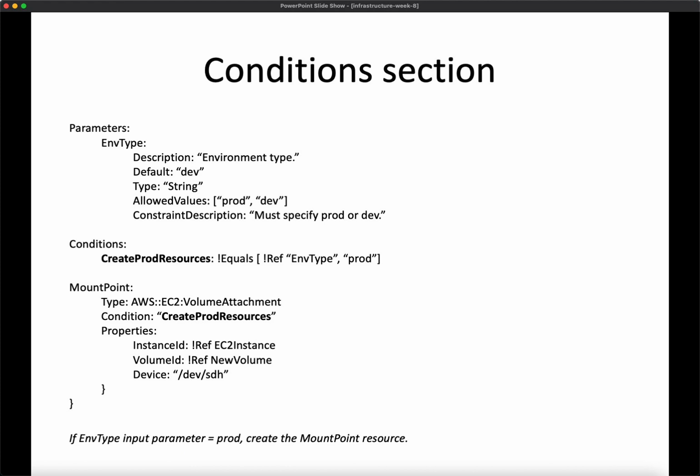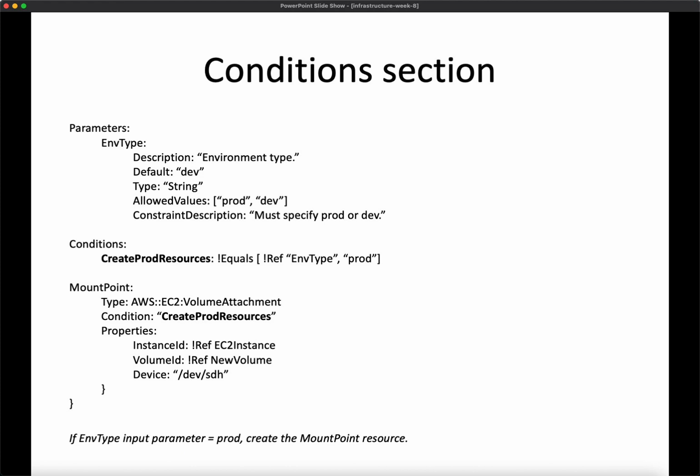Here you can see we have a parameter that we defined called env type, which is shorthand for environment type, and the environment type parameter can have one of two different values. It's either going to be prod or dev. In the conditions section, we're creating a condition called create prod resources.